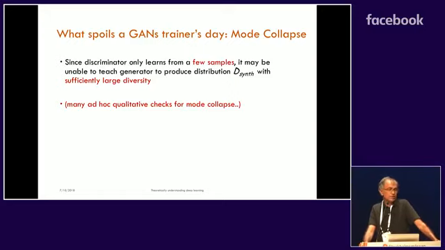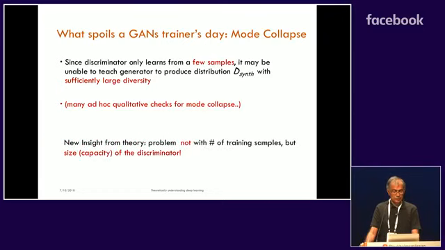The discriminator hasn't really seen more than, say, 1 million real images, so how can it train the generator to produce a large distribution? And there have been many qualitative checks suggested for mode collapse.